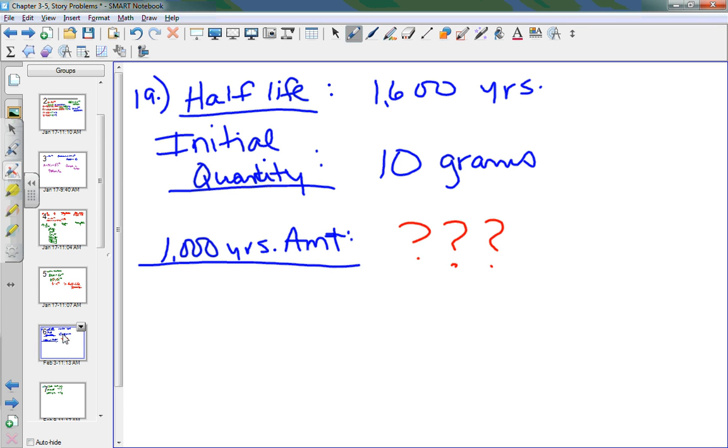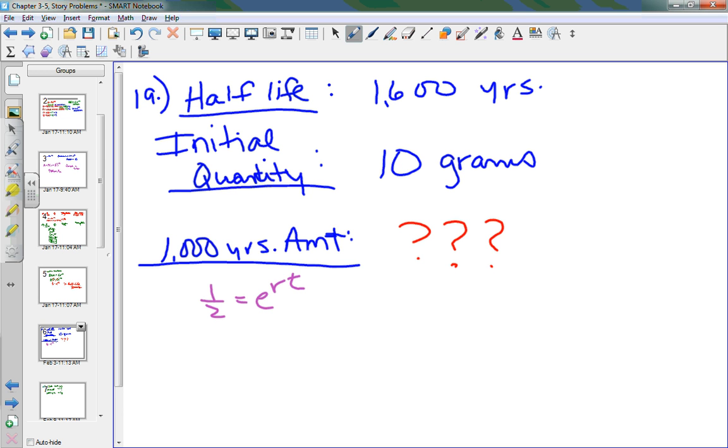I would say it's between 5 and 7. Do we all get that? True statement? Okay. So I want you to think about that. Is the answer you're about to get even logical? Does it make sense? So let's go ahead and use our half-life formula. Half is equal to e^(rt).